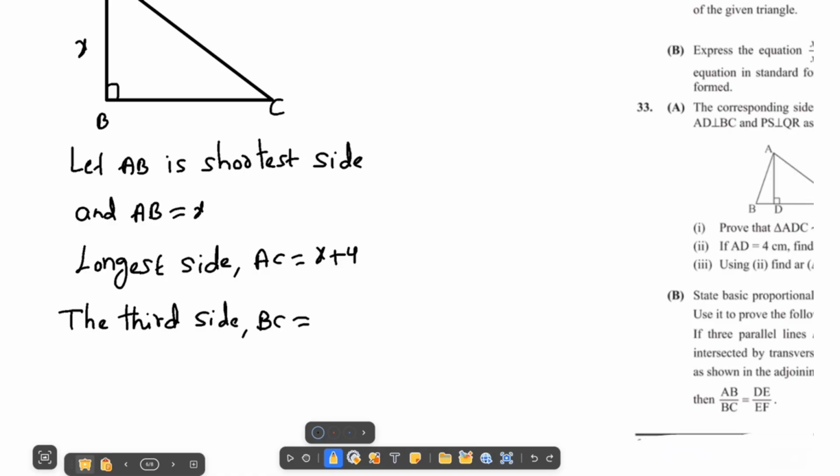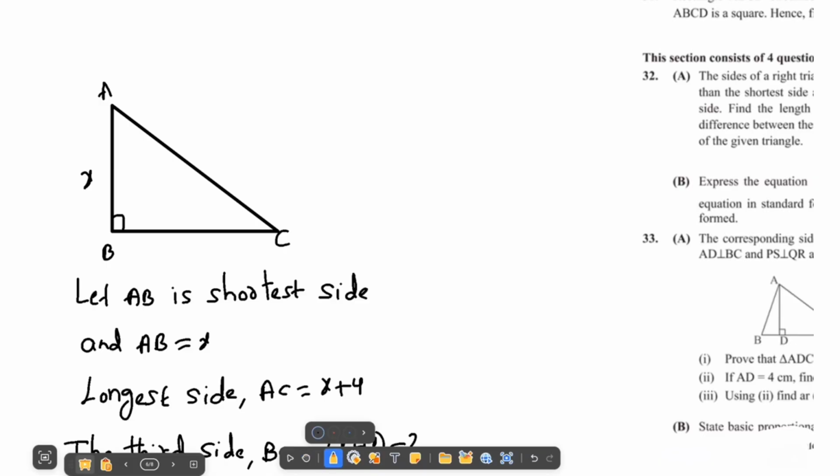So BC will be equal to, the longest side is already x plus 4, now it is 2 meters less, minus 2. So this will be x plus 4 minus 2, which is x plus 2. So the longest side is x plus 4 and the third side is x plus 2.